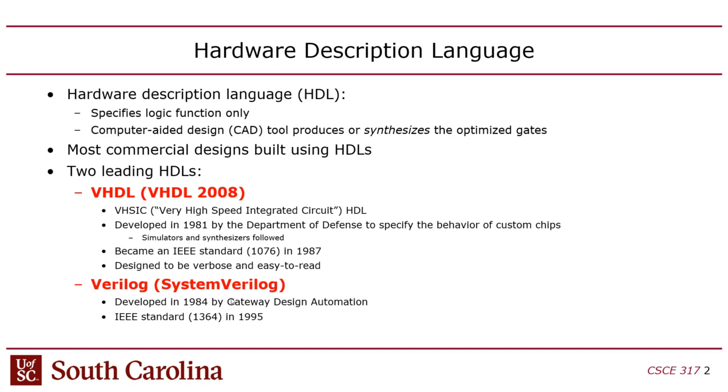There are 2 main HDLs. The 2 most popular are VHDL and Verilog. VHDL is VHSIC HDL, and VHSIC is an acronym in and of itself that stands for Very High Speed Integrated Circuit. Verilog, or SystemVerilog as it's known by its latest standards, is another one. VHDL is based on Pascal.